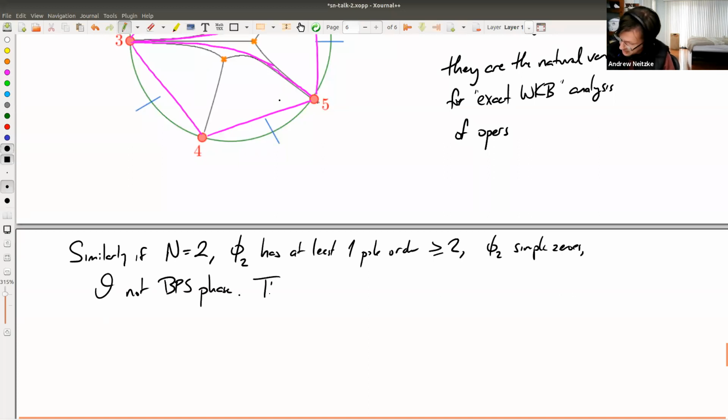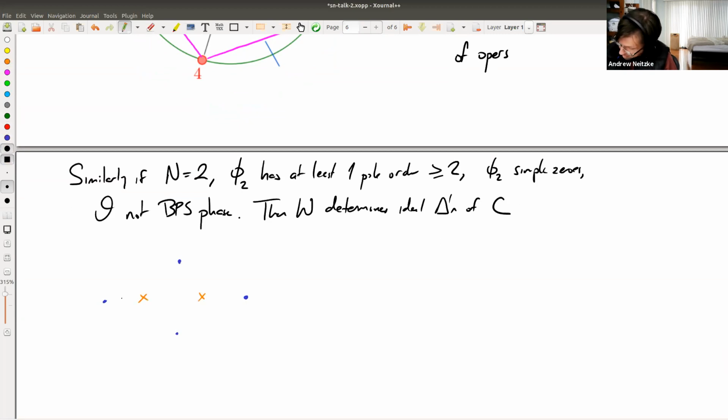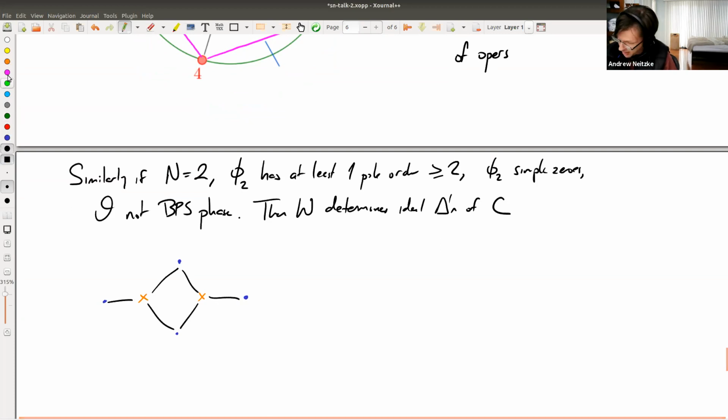Then the spectral network determines an ideal triangulation of the curve C. I think I drew the picture before. I'll draw it again. Maybe here are the poles, and here are the zeros, and there's the spectral network or Stokes graph. Then it determines a triangulation like this.